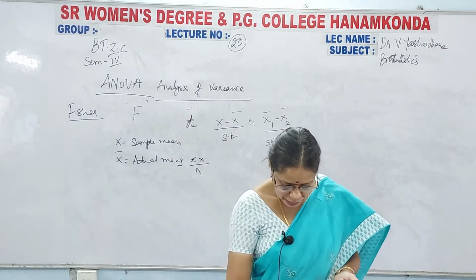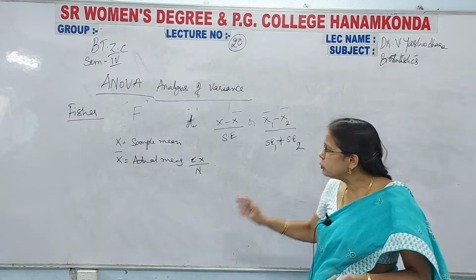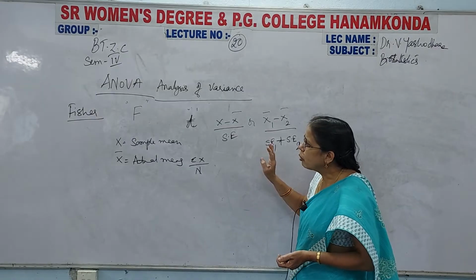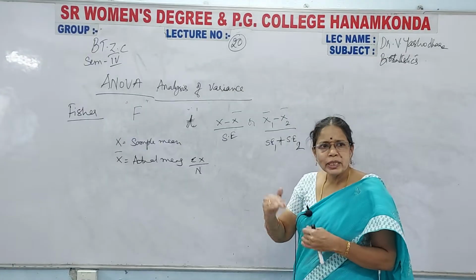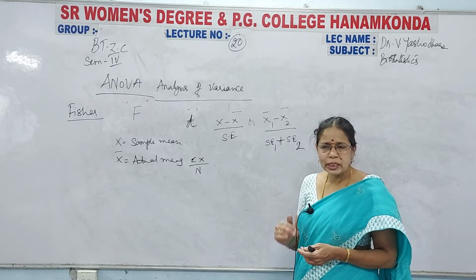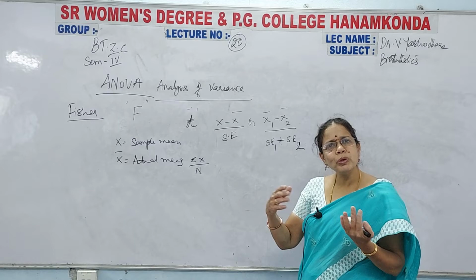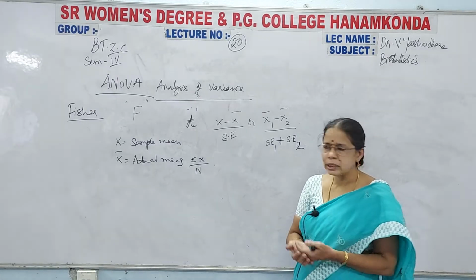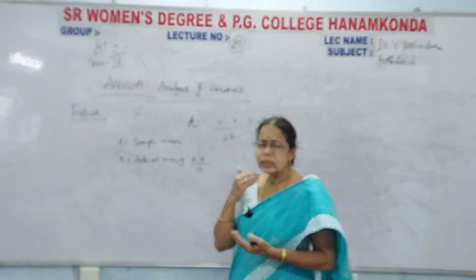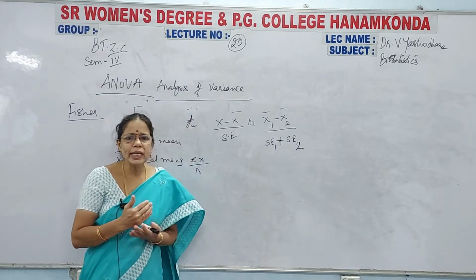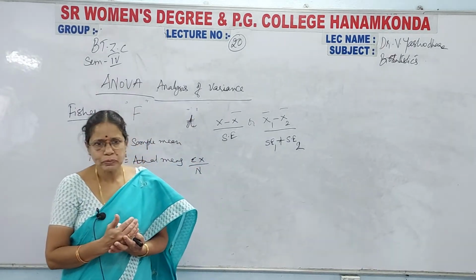Now, this analysis of variance helps us to know from which population the sample is collected. That means, see here, whether you are collecting the sample from the same population or from 2 or 3 different populations. For example, suppose you are taking the count of teenagers in this advocates colony.